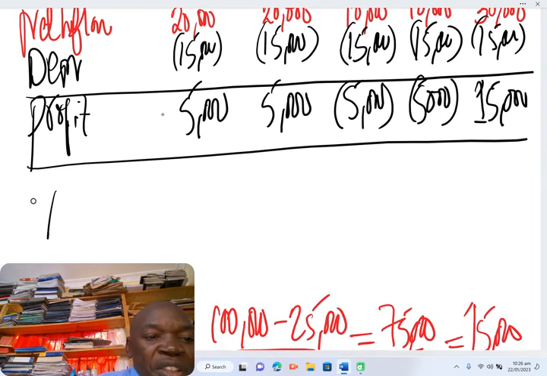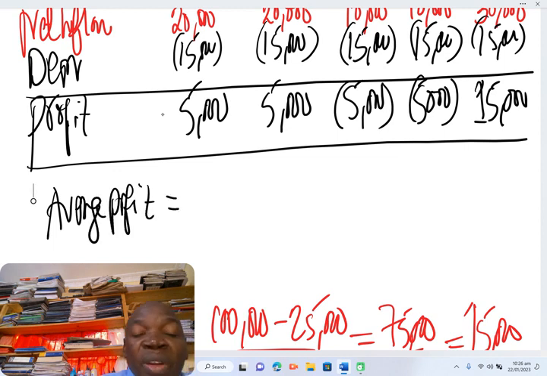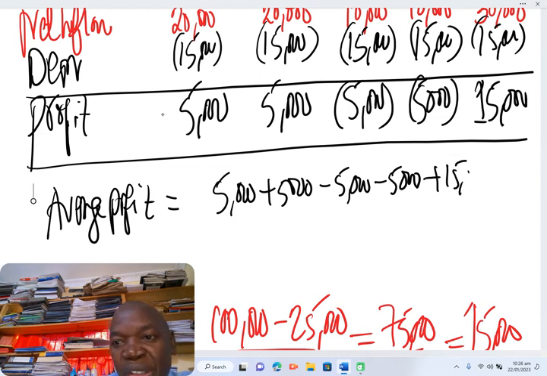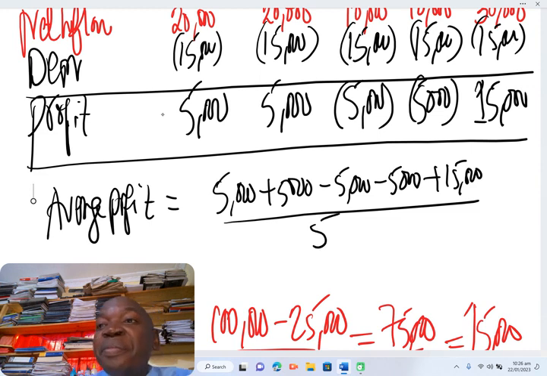Now the average profit: you add 5 plus 5 minus 5 minus 5 plus 15, divided by 5.